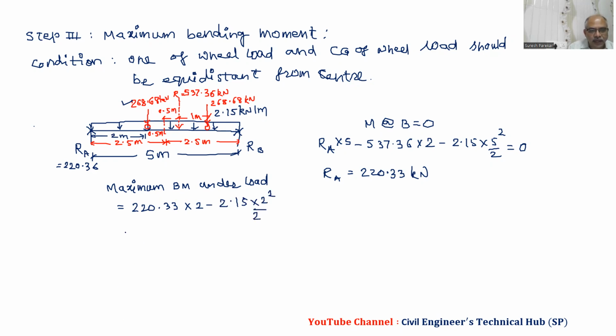And we have this value, 436.35 kilonewton meter. So Mu max is equal to 436.35 kilonewton meter.